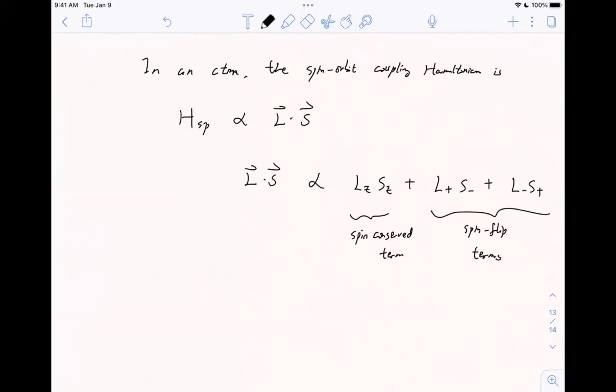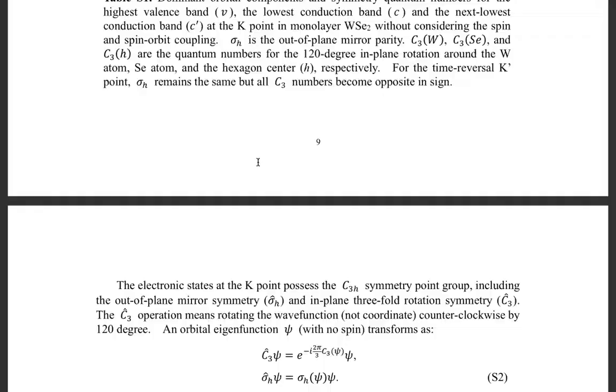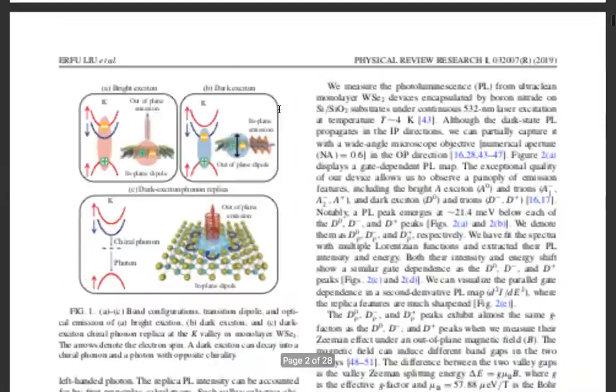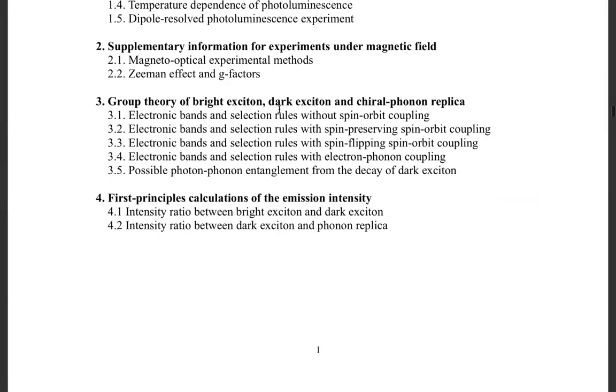We have a paper that talks about this, so if you want to learn more, you can go to our paper: the very selective chiral phonon replica of dark exciton trion. This is a paper that I wrote with Dr. Chang, Erfu's work. I think we spent quite a lot of time writing the supplementary material.